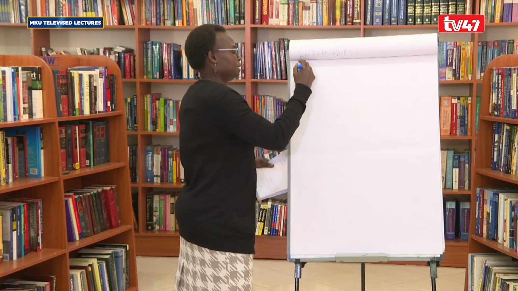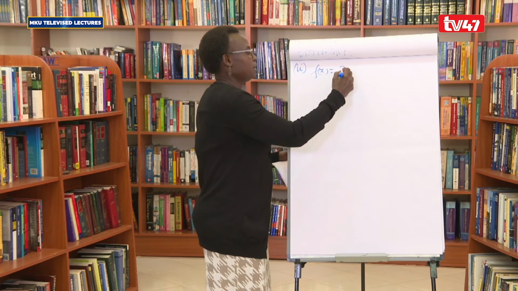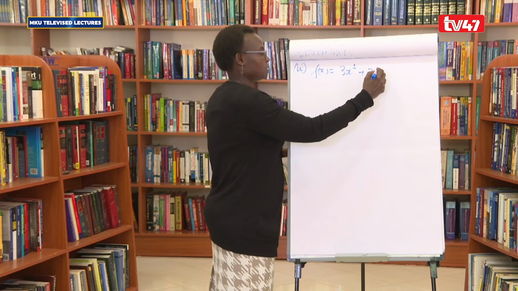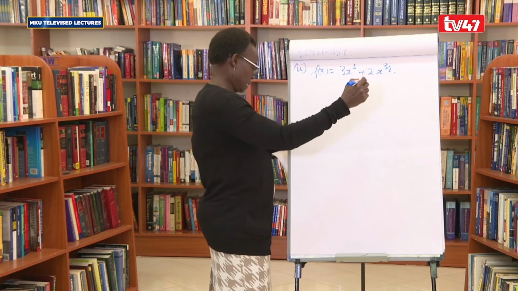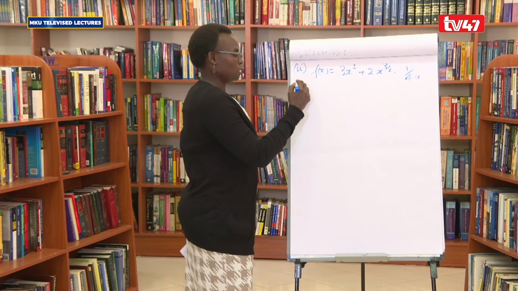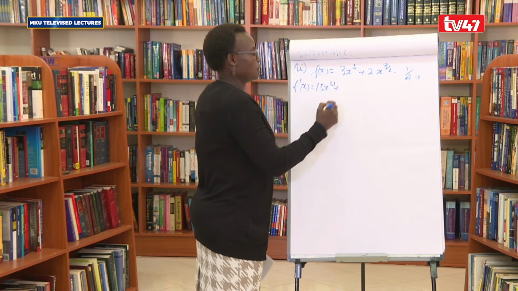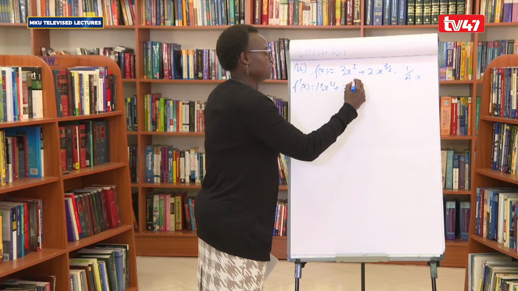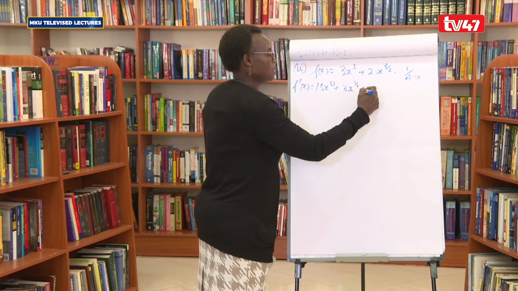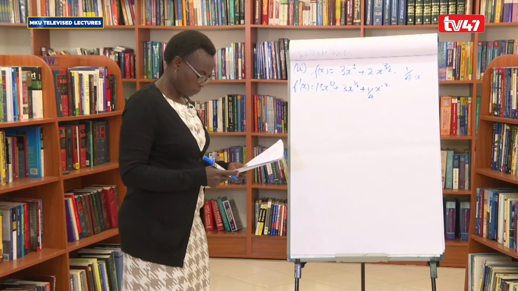And then our second example to this, we have f of x is 3x raised to power 5 plus 2x raised to power 3 over 2 minus 1 over 4x. So our first derivative will give us 15x raised to power 4 plus 3x raised to power a half, then plus 1 over 4 x raised to power negative 2.